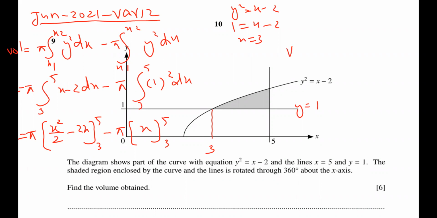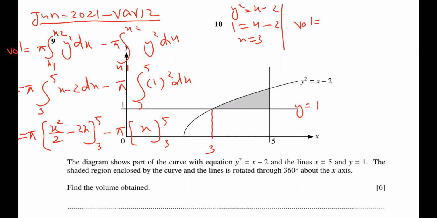So for the volume part, I do it here, on the right-hand side. First of all, plug in 5 in all values of x. When I type it in the calculator, it becomes 25 divided by 2 minus 5 times 2, which is 10.